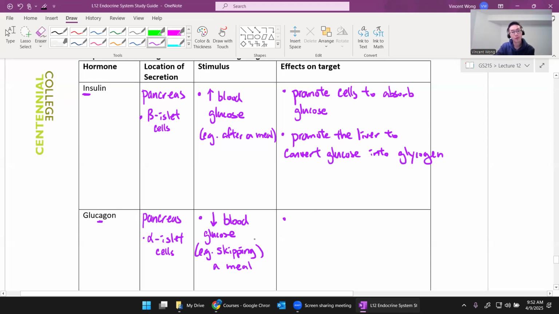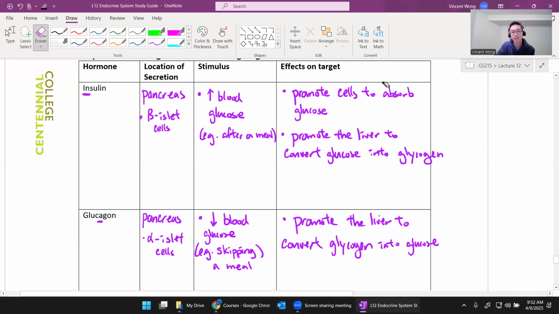So when you don't have enough glucose, where should we get it? Well, they say, make hay while the sun shines. So when you had enough, you store some extra. So when you need it, you just reverse it. Promote the liver is the other way around, okay? To convert glycogen into glucose.